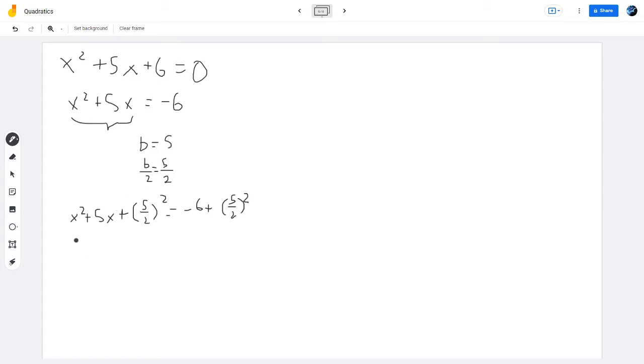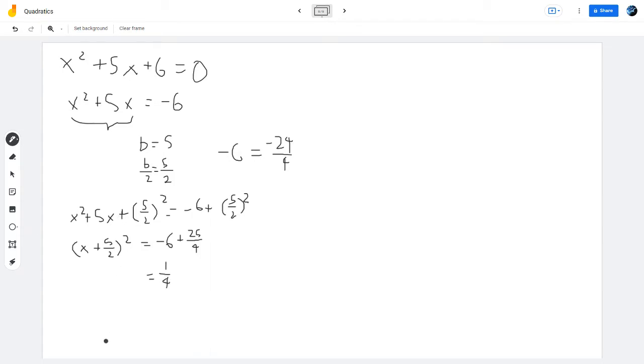And now we can turn this into x plus 5 over 2 quantity squared is going to be equal to -6 plus 25 over 4, right? And we can realize that -6 is just equal to -24 over 4. So this just simplifies to 1 over 4.